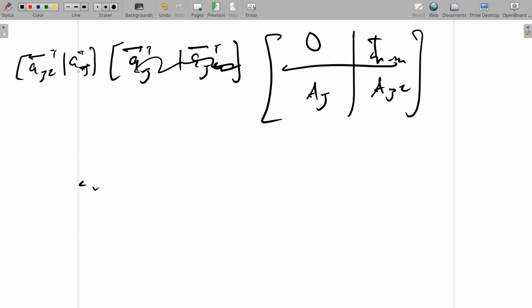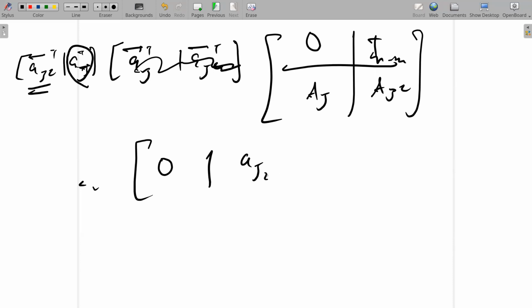So this is 0. We know AJ transpose times AJ is equal to 0. So this part is 0. And then AJ we have figured out, that is the AJ1, AJ2 vector. What we really want to figure out is AJ complement.